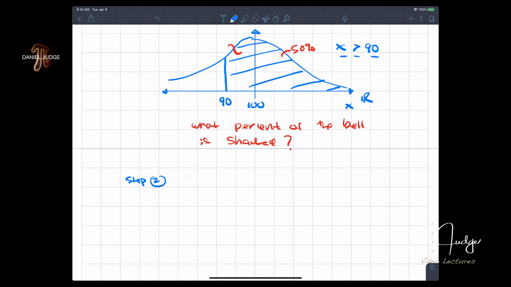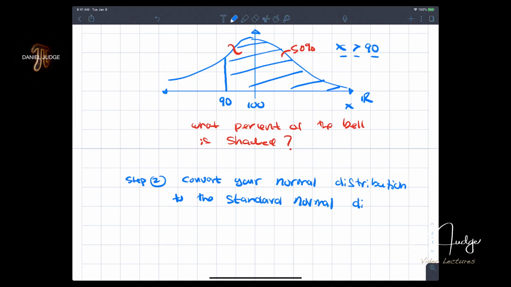Step two, I'm going to say to you, convert your normal distribution to the standard normal distribution.